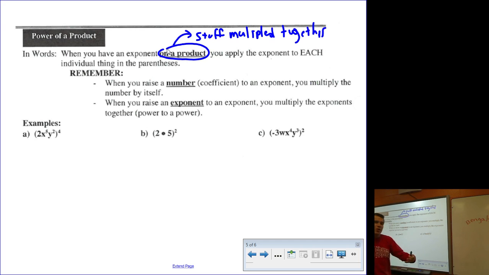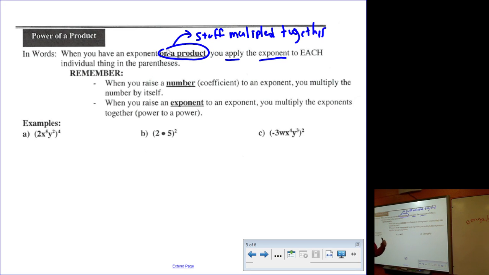When you have stuff multiplied together and you have an exponent on the entire product, then the exponent gets applied to each individual thing in the product, which is in the parentheses.